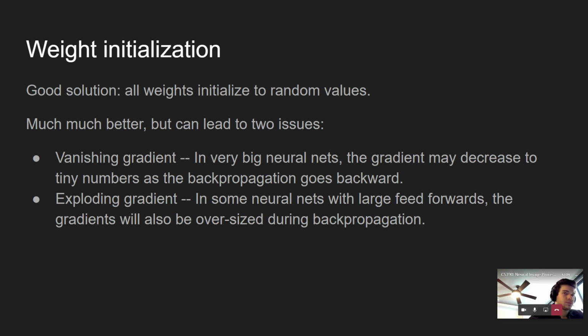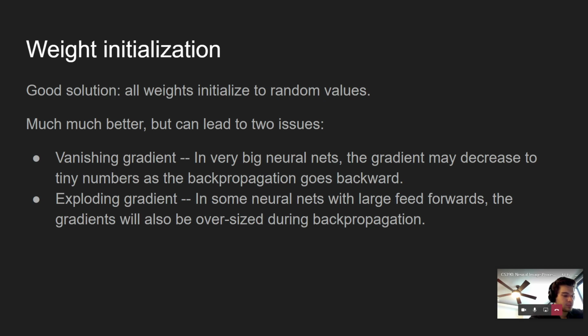Briefly, these problems are when, in very large networks, specifically networks with many, many layers, the backpropagation gradient that we've been using may decrease so much as it goes backward in the network that it basically vanishes.